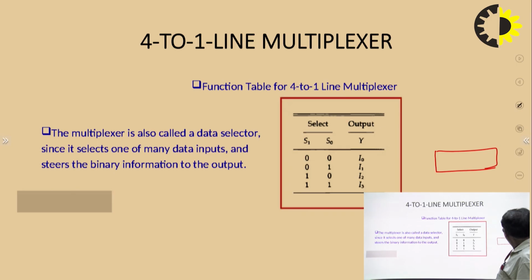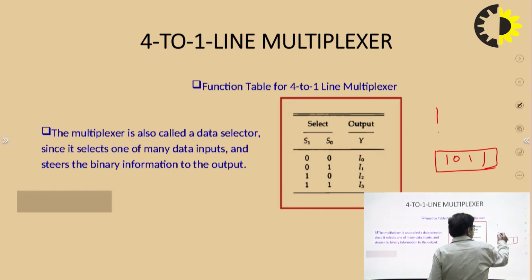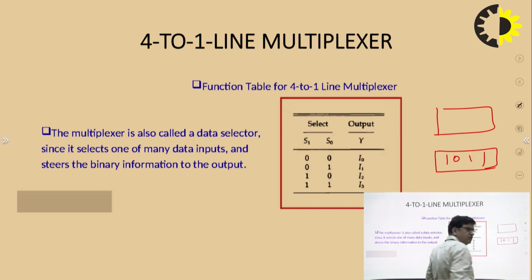If there is a 4-bit register and we have to transfer the information to another register, suppose this is R1 and this is R2, then easily 4 lines are required.